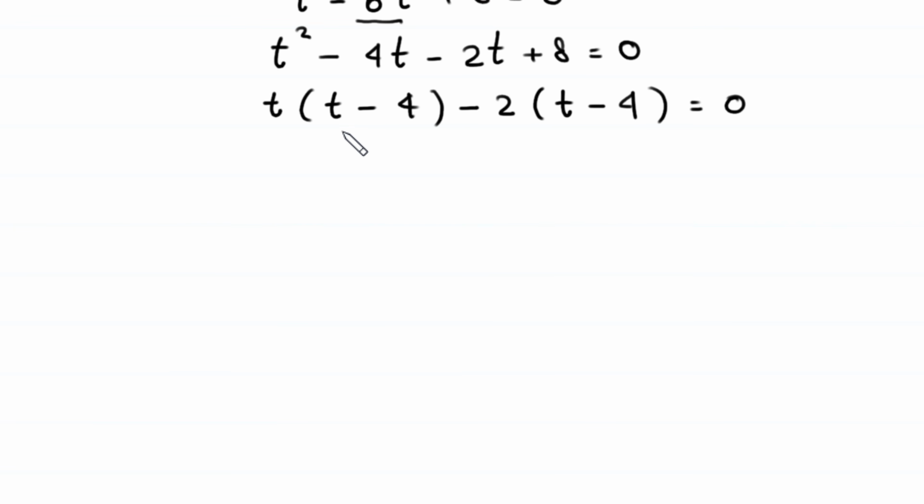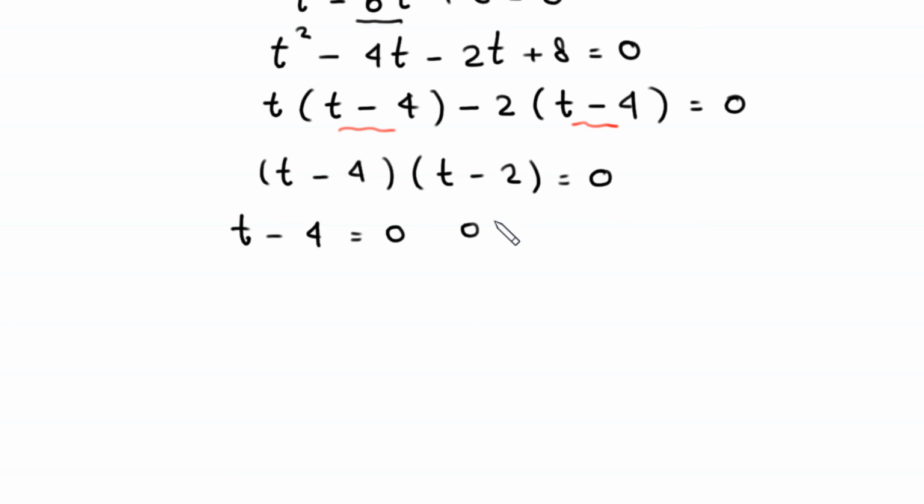Now as you can see, the expression t minus 4 is a common factor, so we factor out t minus 4, and in brackets left t minus 2, equal to 0. From here either t minus 4 equal to 0 or t minus 2 equal to 0. From this equation we get the value of t equal to 4, and from this equation we get t equal to 2.